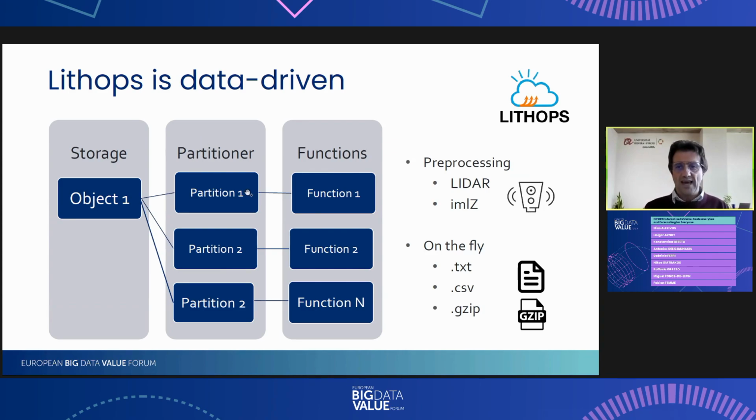Of course, there are formats that need preprocessing, like LIDAR or FASTQ. For these we have to launch a previous chunking algorithm to leave the chunks in buckets. But we also have very interesting on-the-fly partitioners, like for CSV and text, but also for compressed data.